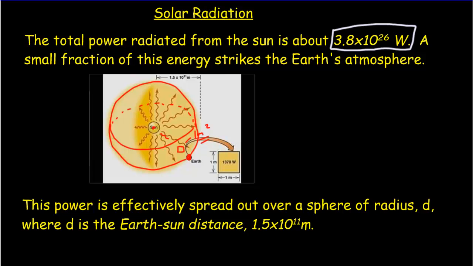And we're going to need to know the radius of this sphere, the distance from the earth to the sun, and that turns out to be 1.5 times 10 to the 11th meters. So basically what's happening there is all that power gets spread out over a very, very large area. And of course the area of this sphere is 4 pi r squared, the surface area of any sphere. So that energy is going to get spread out over that area.